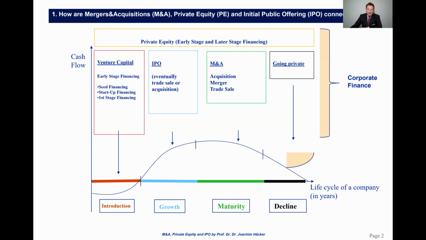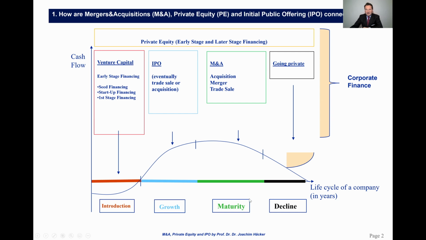If we ask ourselves how the financing can be done in the respective phases, we come up with phase 4, the decline, and in this phase, going private will be done, i.e. we will carry out a delisting.